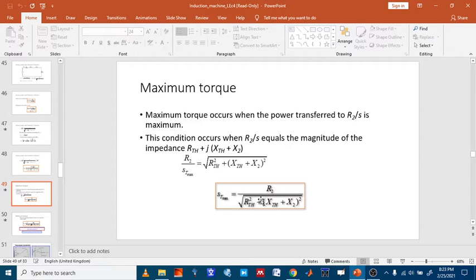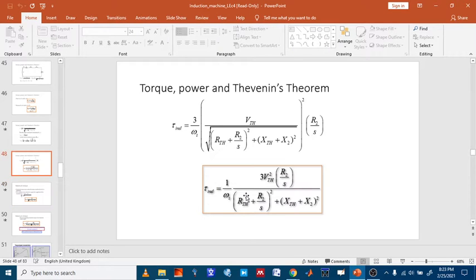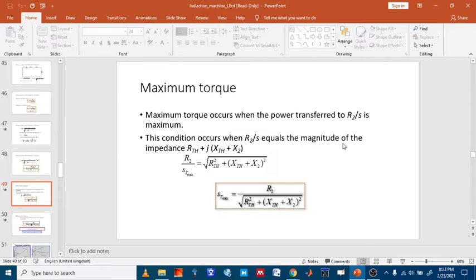So in terms of maximum torque, the slip is given by this relation. When you are asked for maximum torque, S is replaced by this relation.